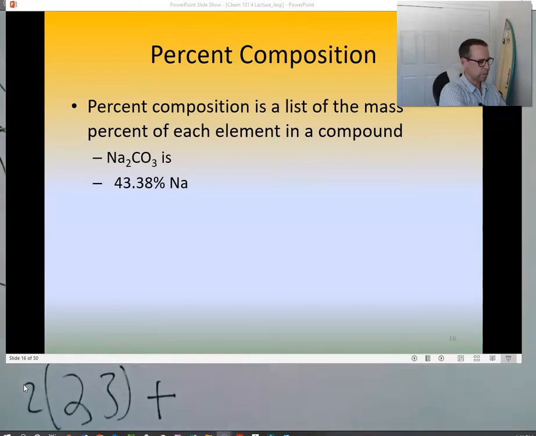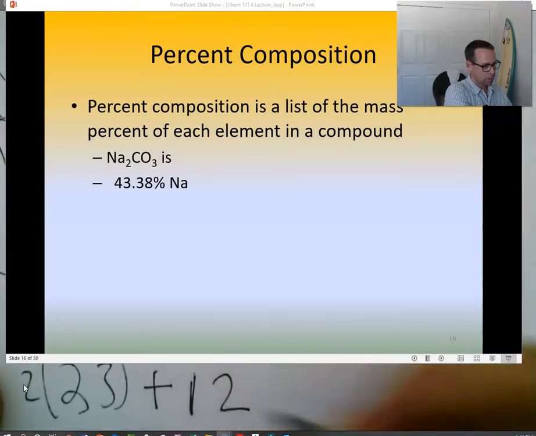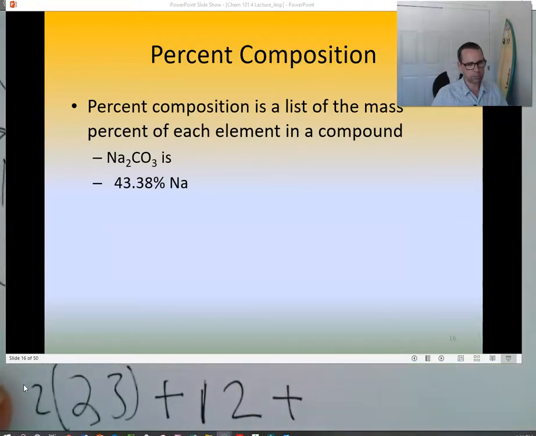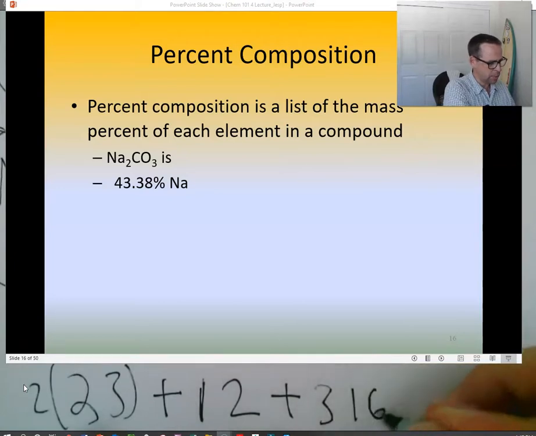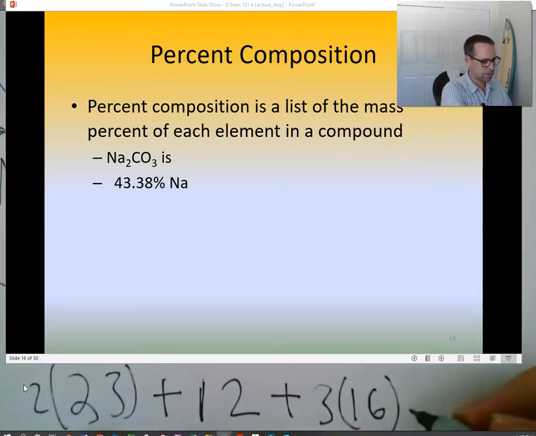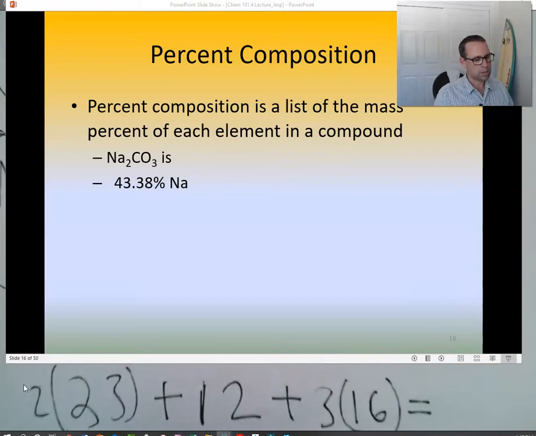Yeah, 12. And then how many oxygens do we have? We have 3, and they're each 15.99, so pretty much 16, right? Okay, so we put that in the calculator, and what do we got here?